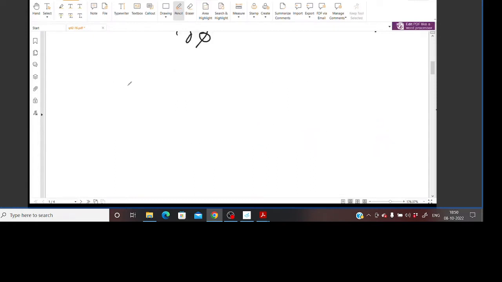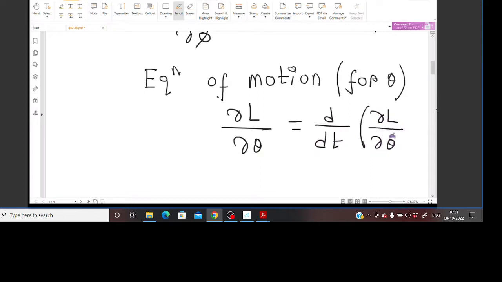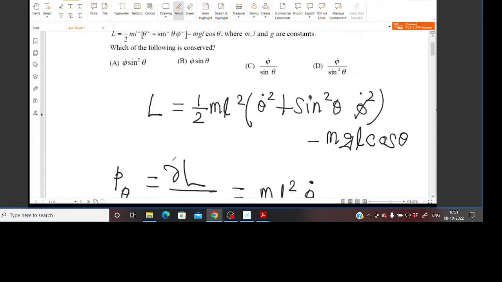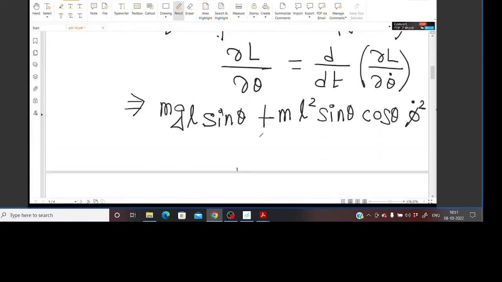Now let's find out the equation of motion in terms of theta and phi. For the coordinate theta, we have del L del theta equal to d dt of del L del theta dot. Now del L del theta is equal to mgl sin theta plus ml square sin theta cos theta into phi dot square.